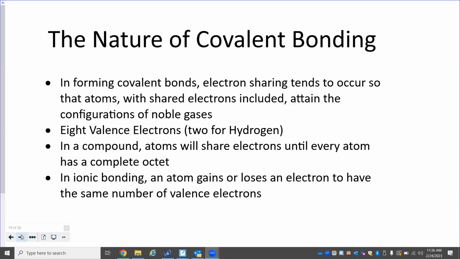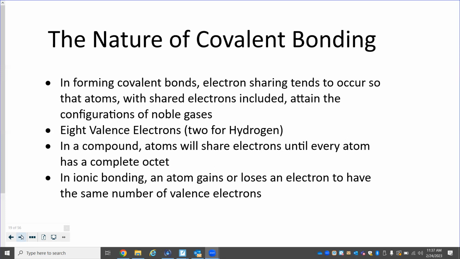So with covalent bonding, when forming covalent bonds, electron sharing occurs so that atoms, with the shared electrons included, have a full octet. So remember, everything is trying to have 8 total valence electrons, which is the same as a noble gas. The exception is hydrogen. Helium, remember, can only have up to 2 total electrons.